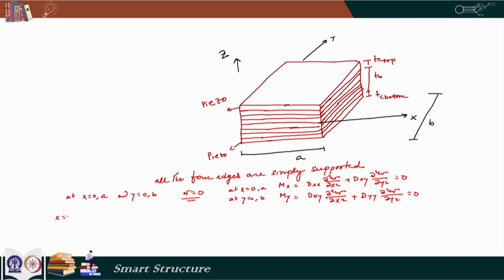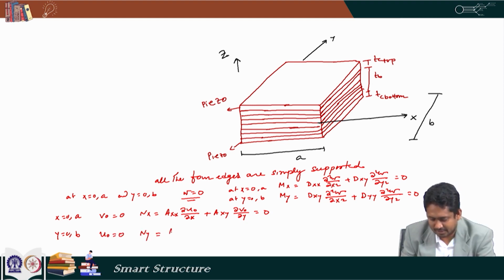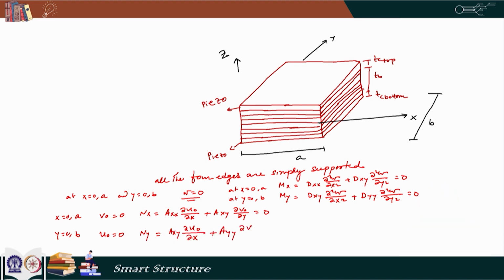And then we have at x equal to 0 and a, V 0 equal to 0 and we have Nx, which means Axx multiplied by del u 0 by del x plus Axy multiplied by del v 0 by del y equal to 0, and at y equal to 0 and y equal to b, we have u 0 equal to 0 and the natural boundary condition is Ny equal to Axy multiplied by del u 0 by del x plus Ayy multiplied by del v 0 by del y equal to 0.